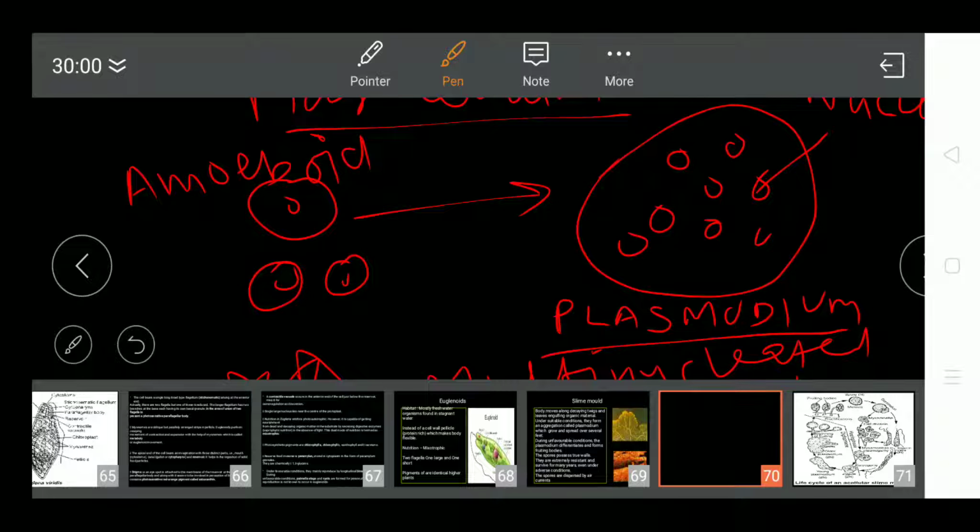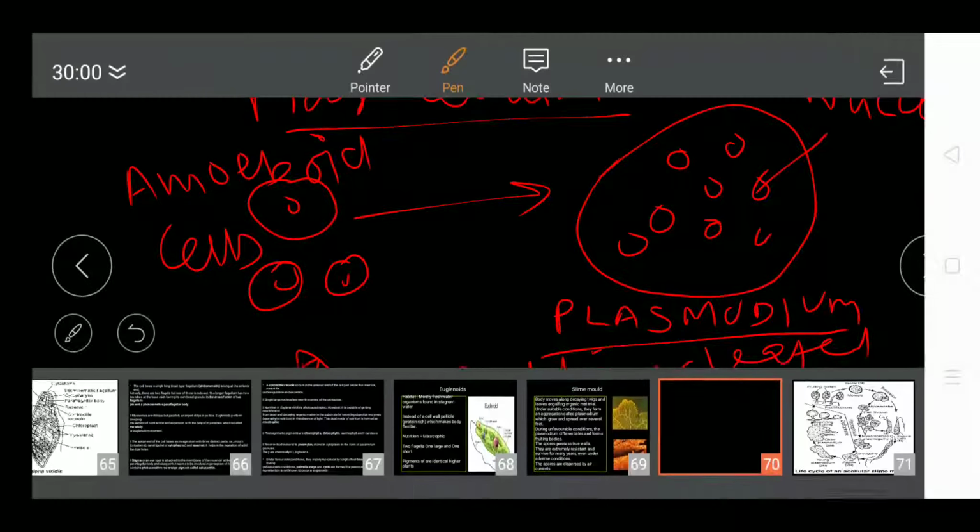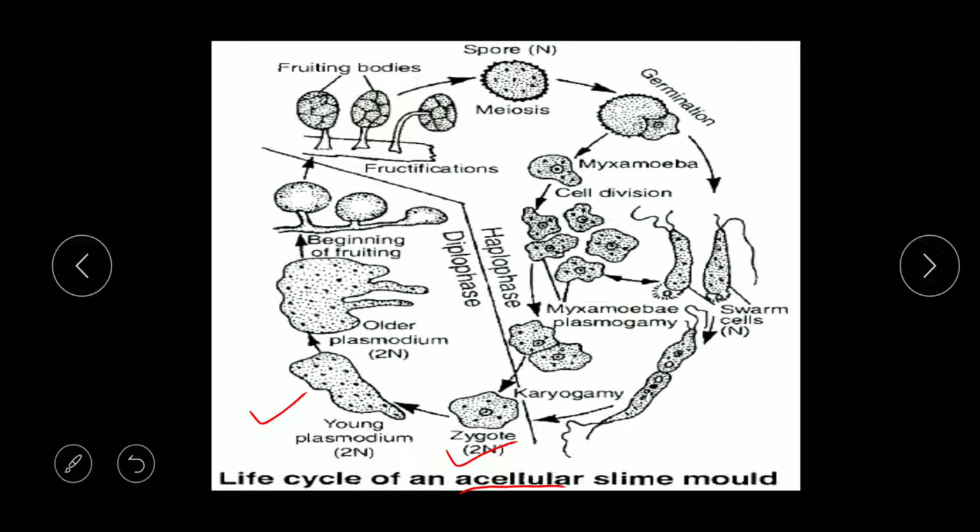This multinucleated body will grow and become an older plasmodium.